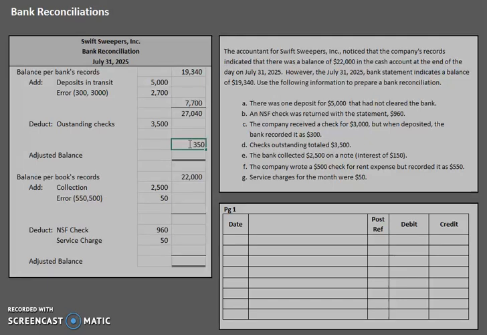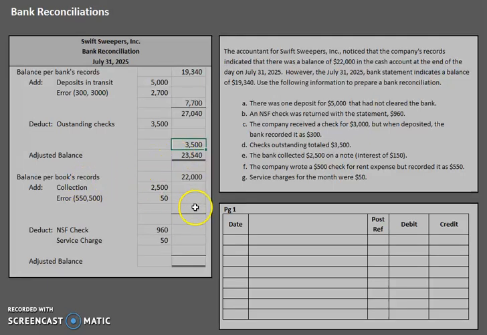However, we did have a deduction. 27,040 minus 3,500 means that we have $23,540 as our adjusted balance for the bank side. So keep in mind what we did here. We took our 19,340, added these two together and summed those two up. Then we deducted out all of our deductions, and that gave our adjusted balance of $23,540.